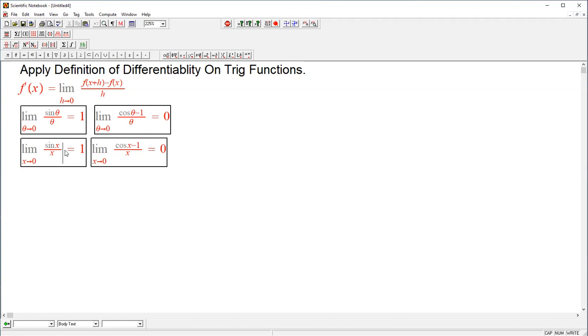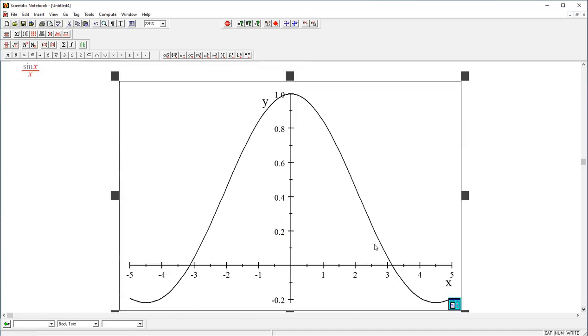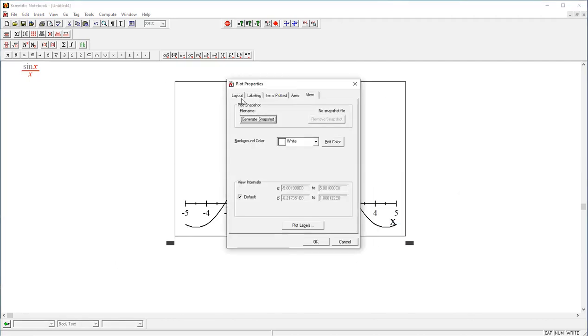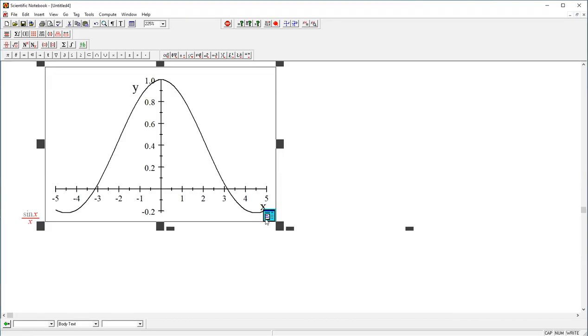To understand these, we can look at the two functions. One of them is sine x over x, and the curve is like this. Of course, the domain of this function is all real numbers but 0.